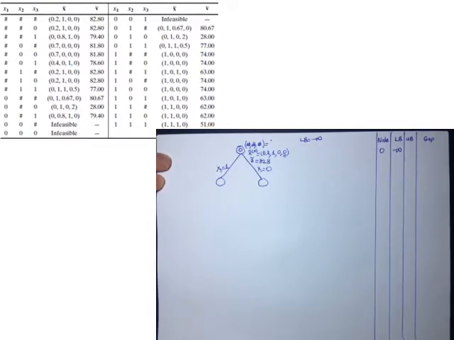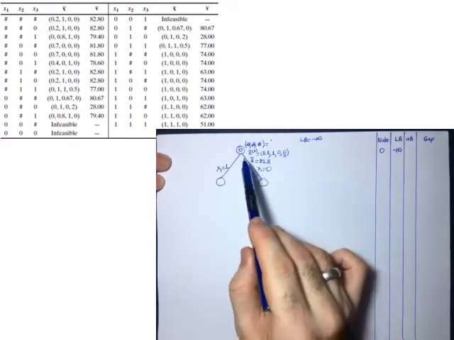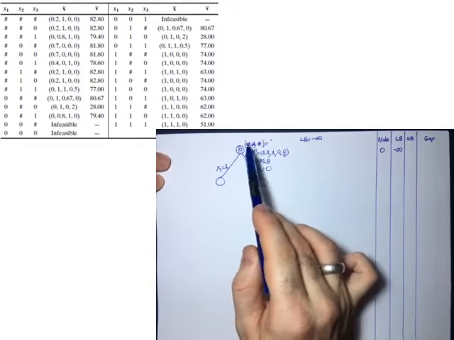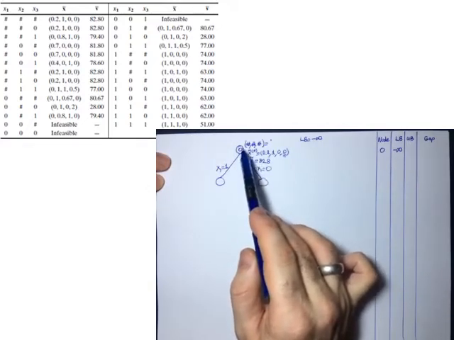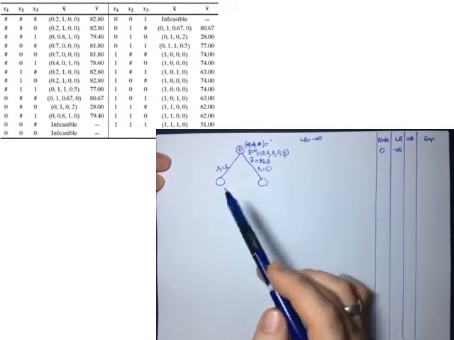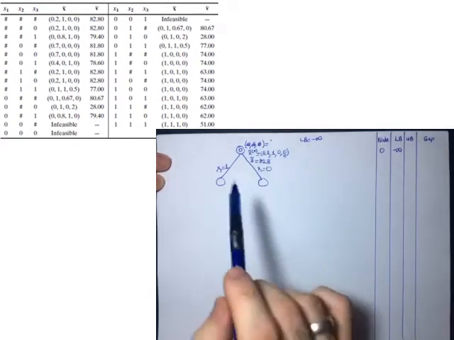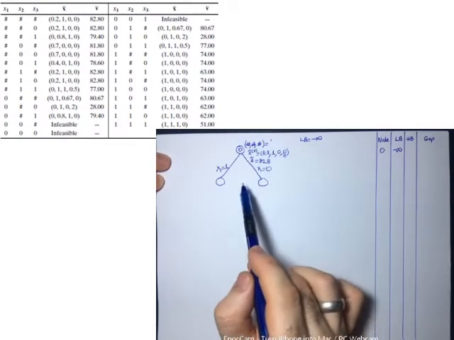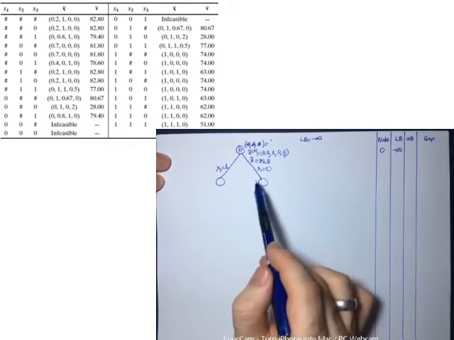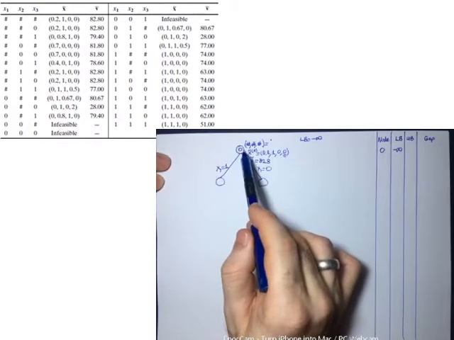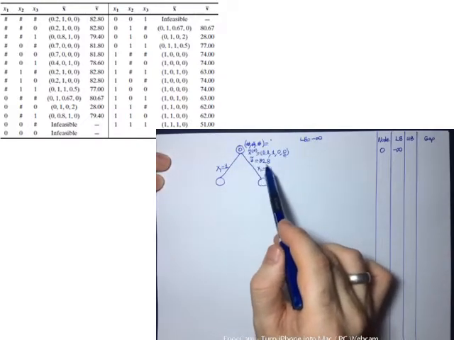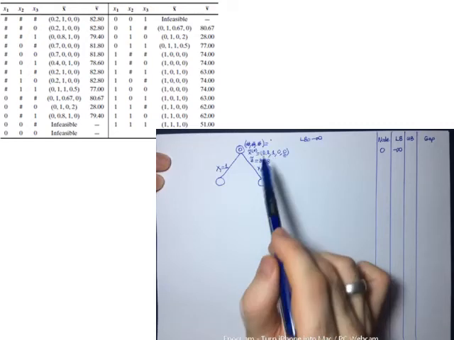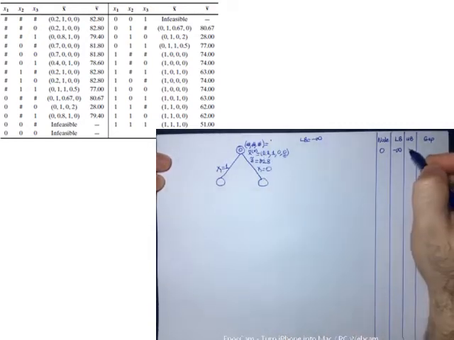And where shall we find the upper bound? We will find the upper bound either from this root node, which is the LP relaxation, or from the parent bounds. The open nodes are these two. We haven't solved those yet. The parent of these is the root node, and the value of the root node is 82.8. It gives us the upper bound. So it's 82.8.